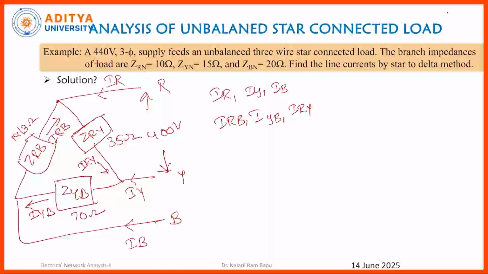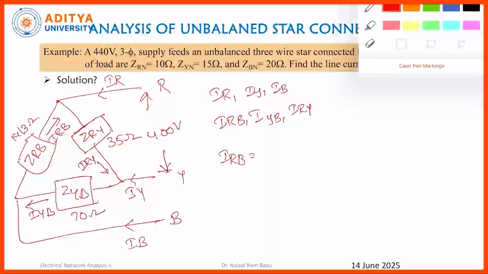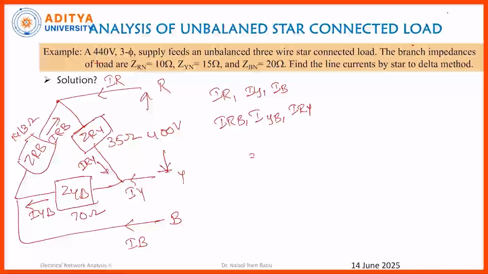Therefore, first we need to take RY as reference, right? So IRY is equal to VRY at an angle of 0 divided by ZRY.